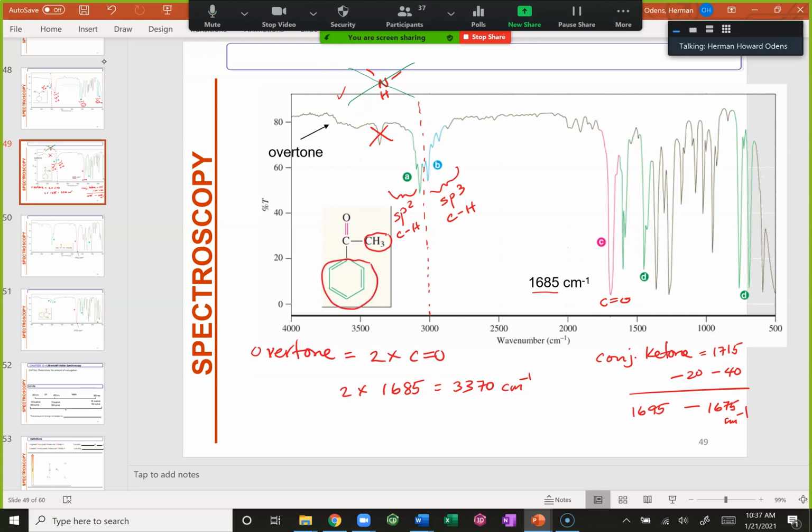Here are my sp3 CHs. Here are my sp2 CHs. All I need to do now is assign these peaks here. These peaks are my C double bond C stretches.